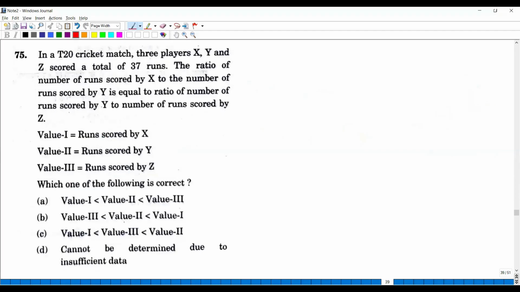In T20 cricket matches, three players X, Y, Z scored a total of 37 runs. The ratio of the number of runs scored by X to the number of runs scored by Y is equal to Y to Z. So X by Y is equal to Y by Z. So XZ is equal to Y square.